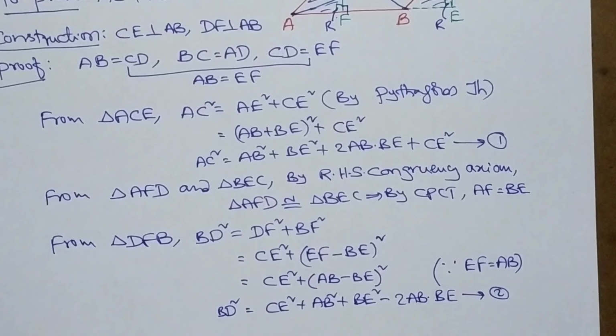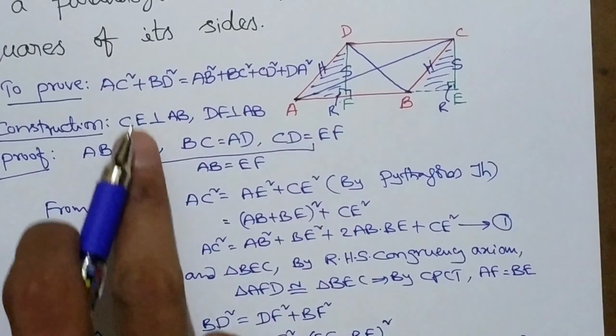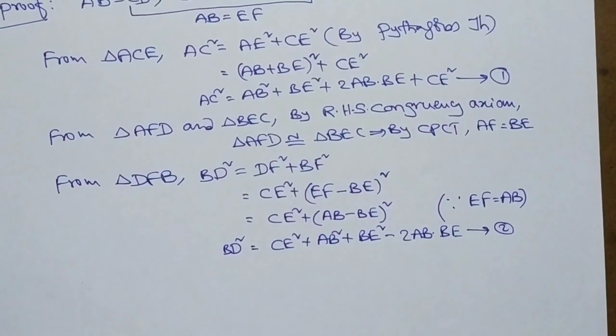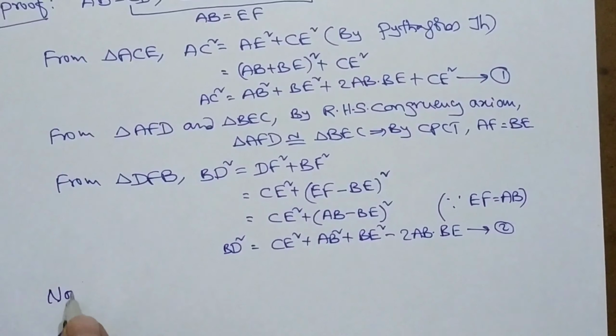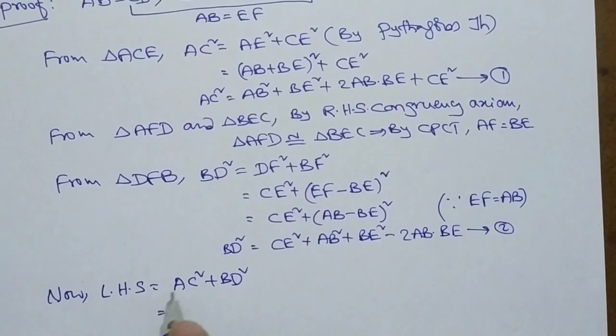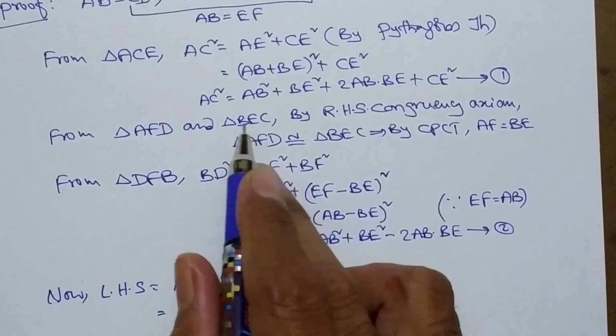Now here let us observe we are in need of AC square plus BD square. Now let us take LHS, left hand side, that is AC square plus BD square. That is already AC square we got earlier, equation number 1.